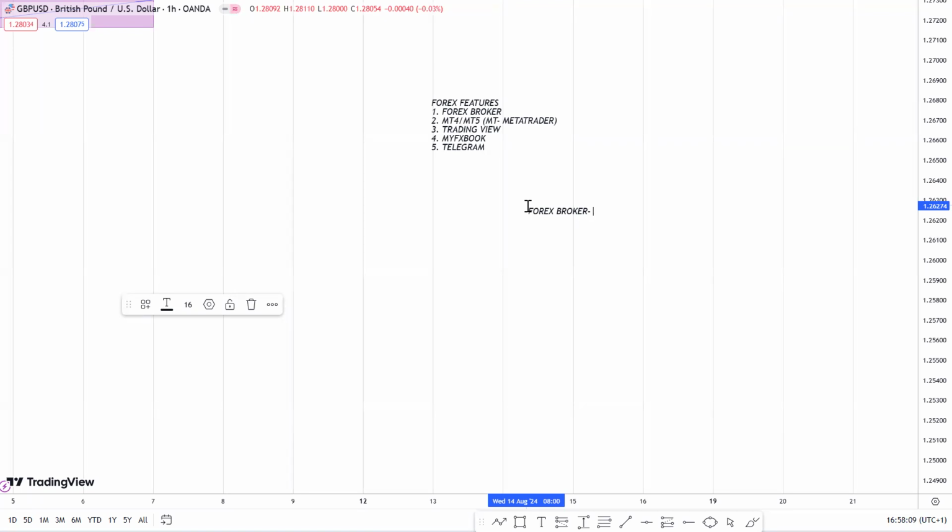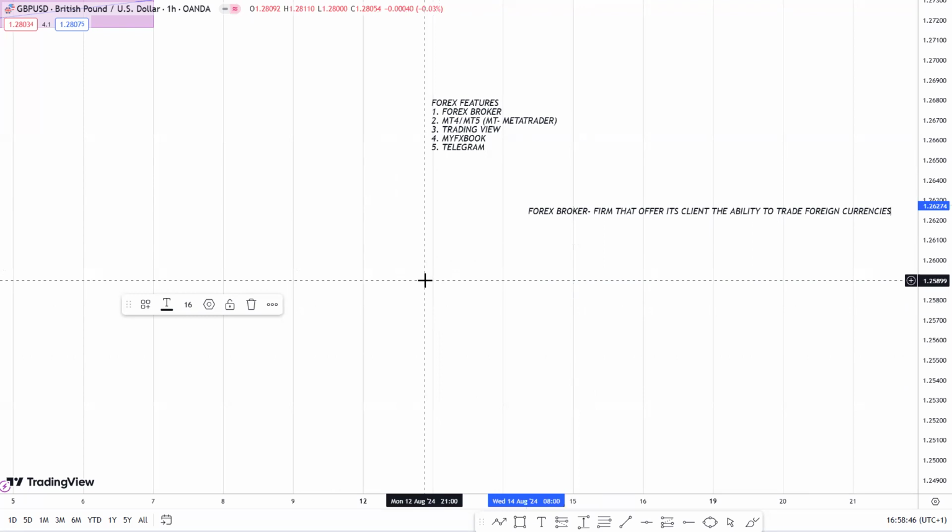Forex brokers operate as a middleman between you and the market.